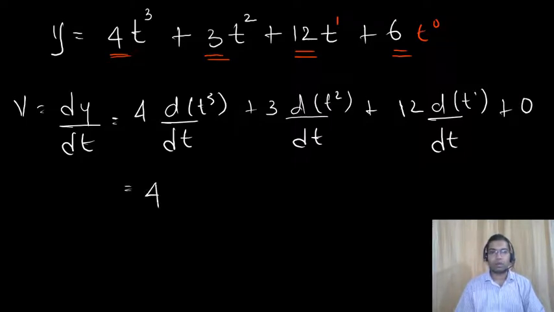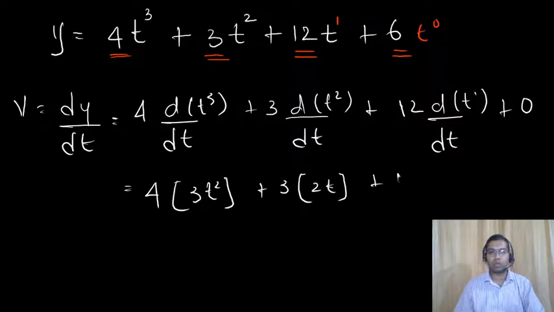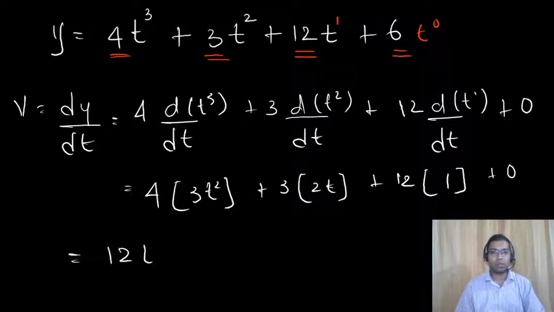Now substituting, I will get 4 into 3t square plus 3 into 2t plus 12 into 1 plus 0. So our expression now will be 12t square plus 6t plus 12. So what have I done? I have reduced the cubic equation, the third order equation in terms of displacement y, down to a second order or quadratic equation.